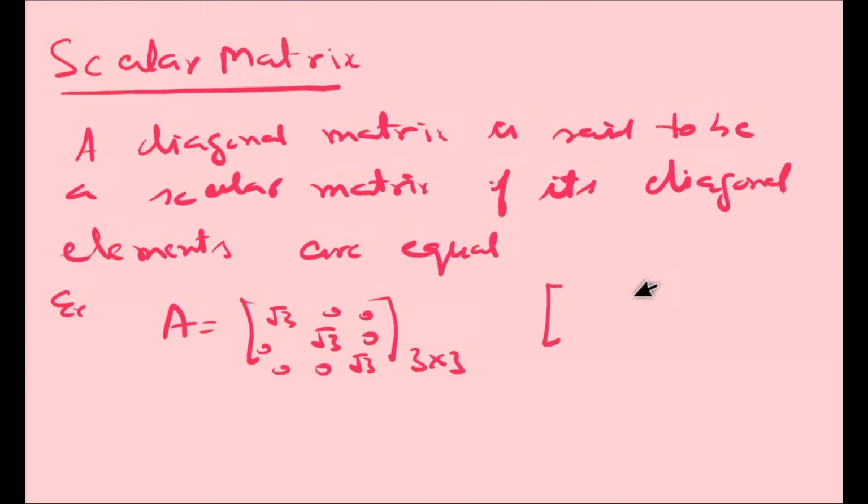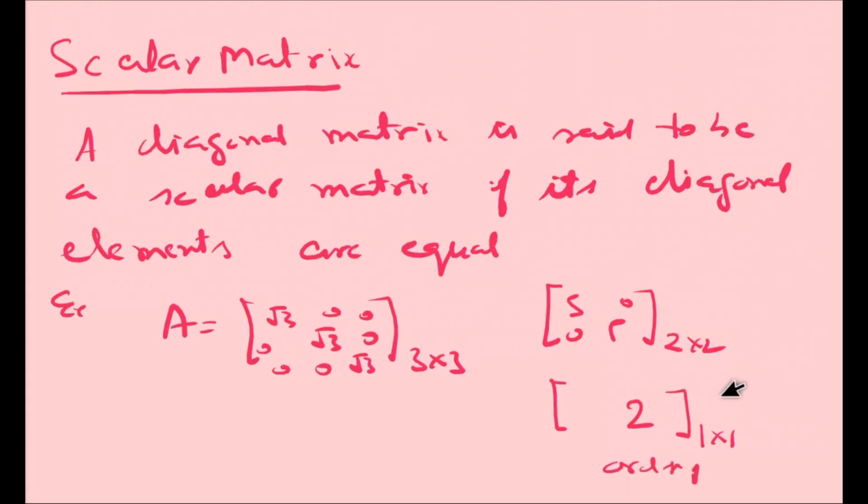Now one example of order 2: 5, 5, 0, 0. Now of order 1, let it be 2. It is an example of order 1, order 2, and order 3. You can write any value, no problem. But you have to think that it is a square diagonal matrix where all the diagonal elements are equal.